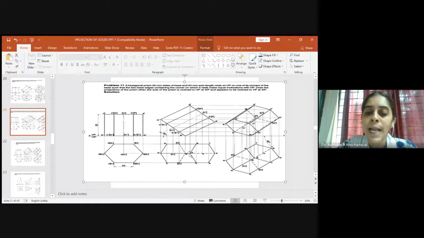So that completes our second stage of the hexagonal prism top view, when the axis is inclined at 40 degrees to HP. This is how you have to construct.